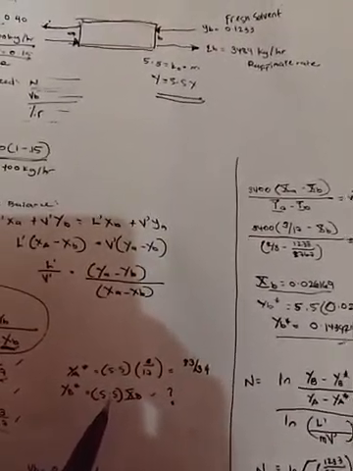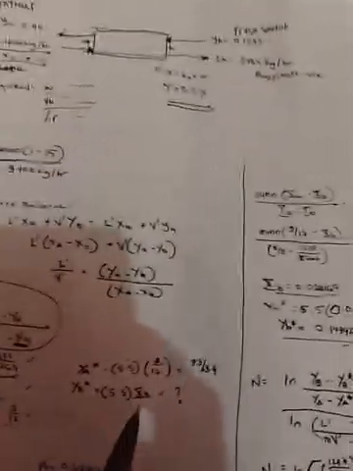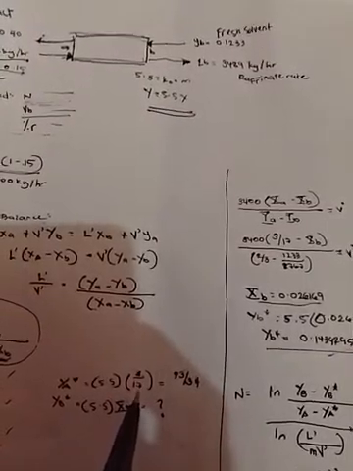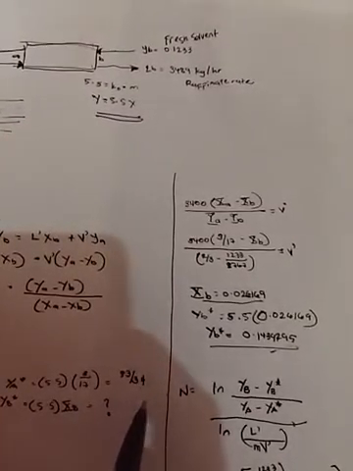We also need the value of YA star, which is 5.5 times capital XA, which is 3 over 17, giving 33 over 34.